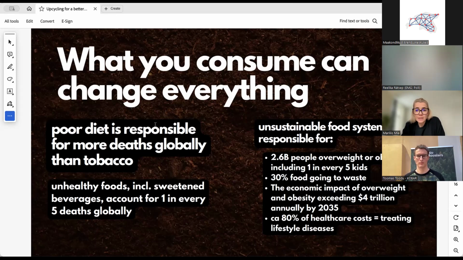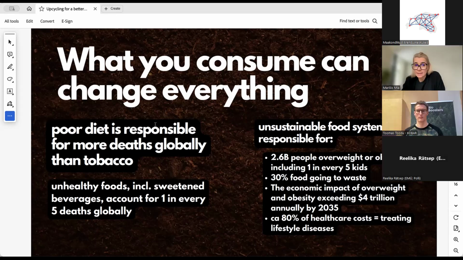Obesity has a major impact on national economies, reducing productivity and life expectancy and increasing disability and healthcare cost. The economic impact of overweight and obesity will exceed $4 trillion annually by 2035. So almost 80% of healthcare costs go to treatment of lifestyle diseases. So it's all preventable.